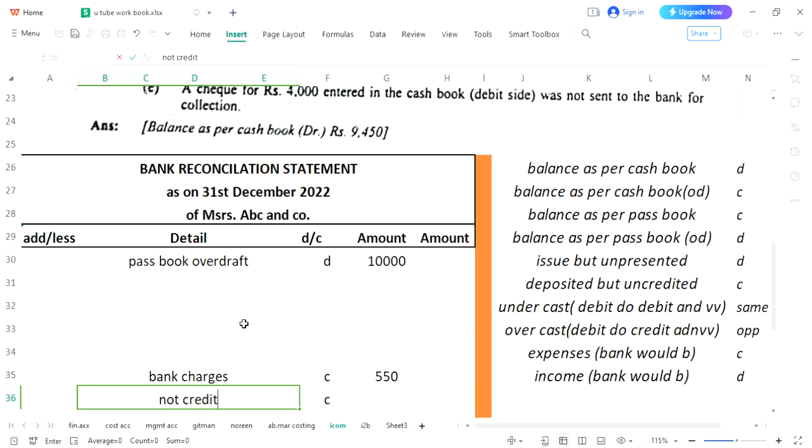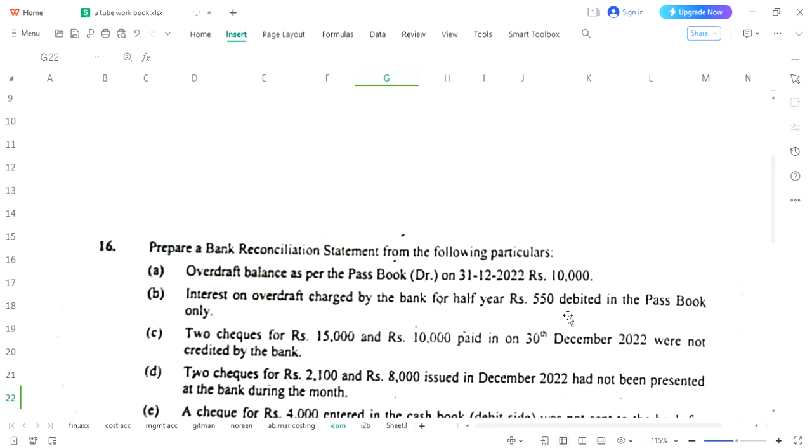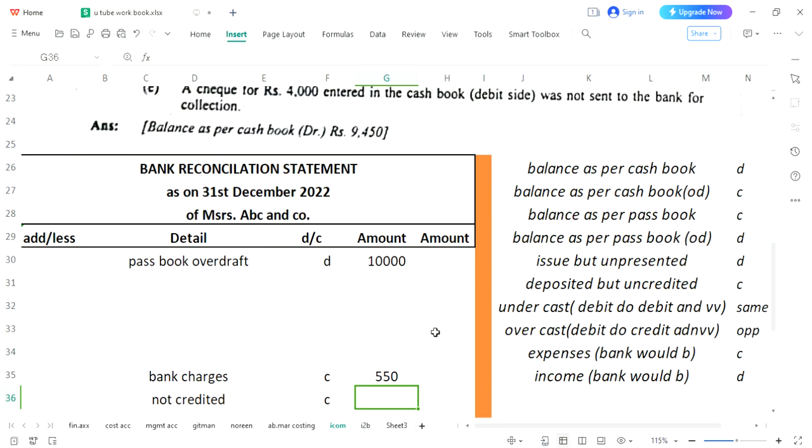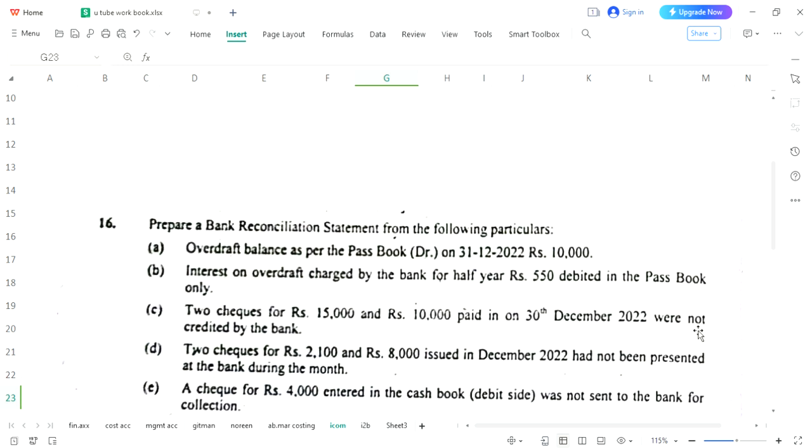Deposited but uncredited, or not credited, one and the same thing, credit we have mentioned. So these are rules we are taking help from, but logic is being used as well. There are two checks, so add both amounts: first amount 15,000, add 10,000. So we have got 25,000 for not credited checks.